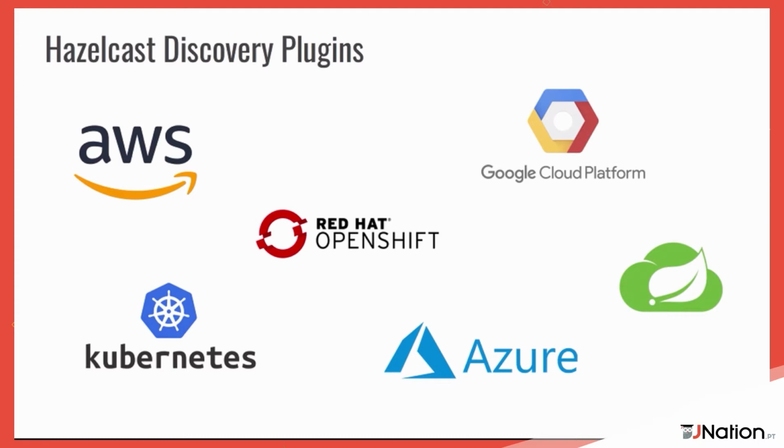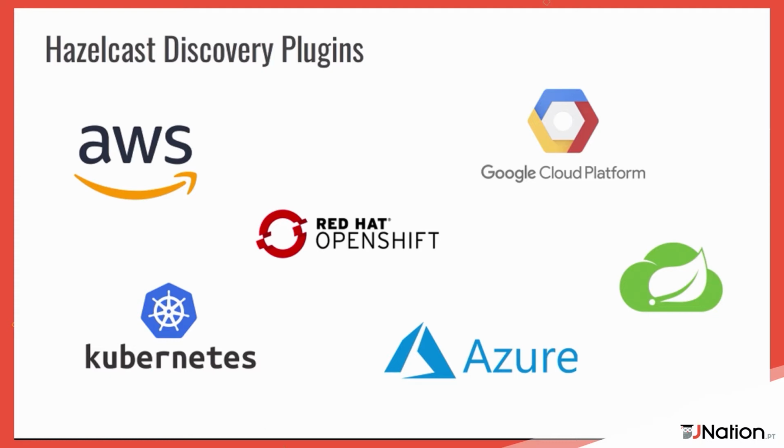So for example, if you run it on Kubernetes, it can use Kubernetes API to find other members and automatically form a cluster for you, so you don't even have to think about it. And we have the same for all main environments. And even if you don't find your environment here, you can always start a Eureka server and piggyback on the Eureka server for the discovery.